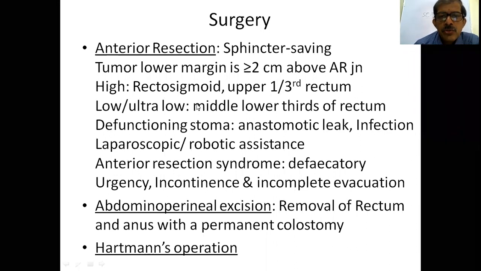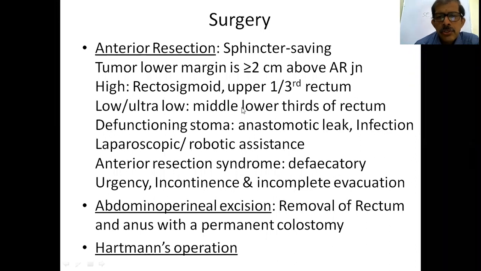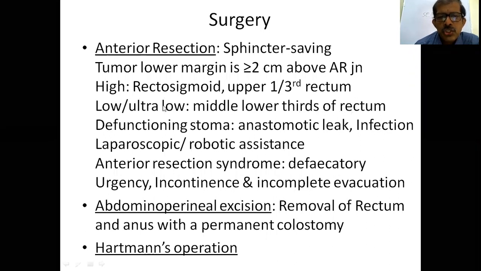You cannot suture back this lower end of the colon and the upper end of the anal canal. So you need to use staplers in this situation. Ultra low, you cannot sew it. So you need to use staplers here for anastomosis of the colon and the upper part of the anal canal.